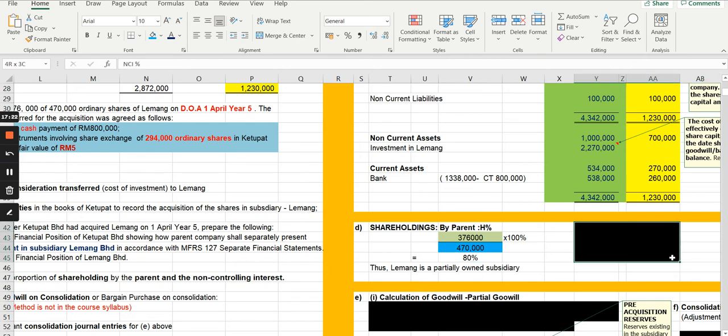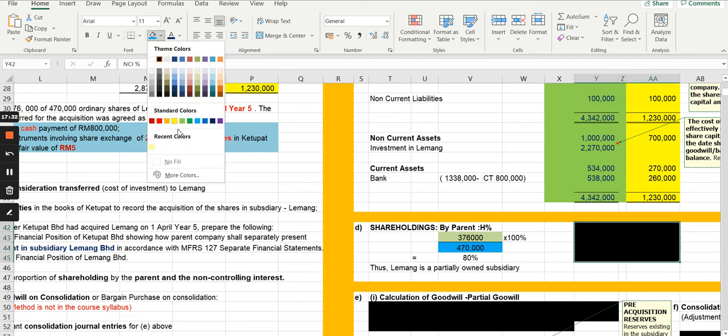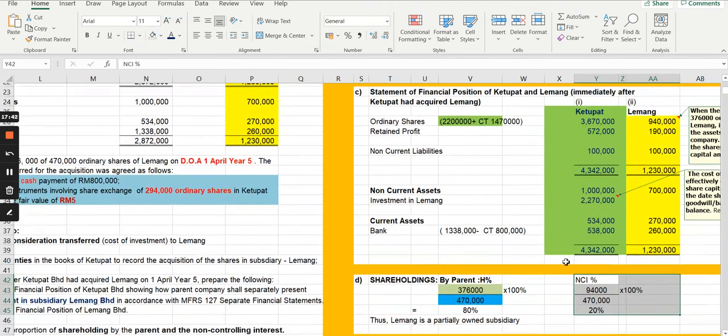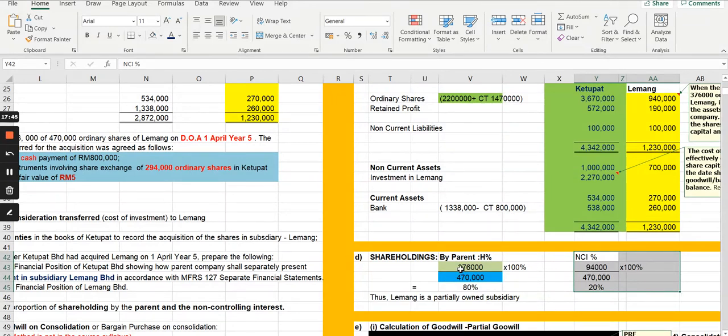So let's look at the second one, which is the shareholding by the NCI. It is going to be the remaining shares that were not acquired. If the total shares were 470,000, and the parent has acquired 376,000, the difference of 94,000 is held by the non-controlling interest.